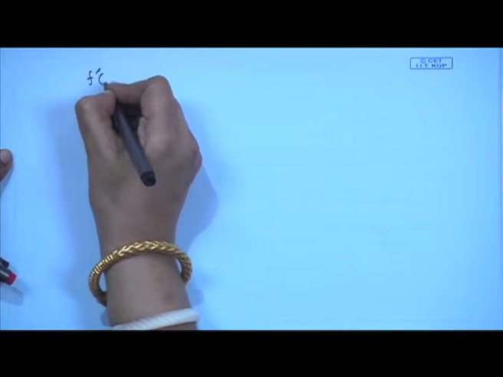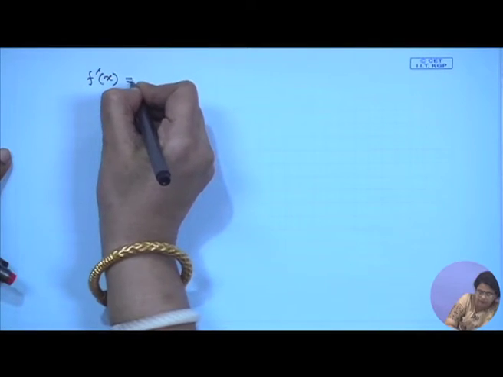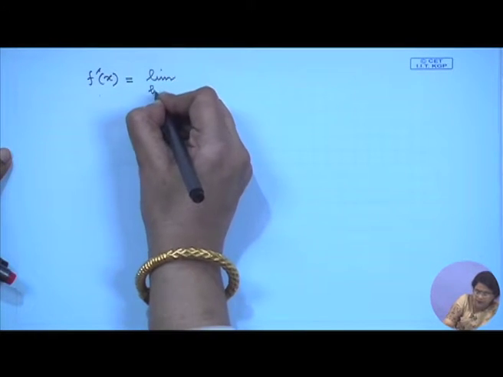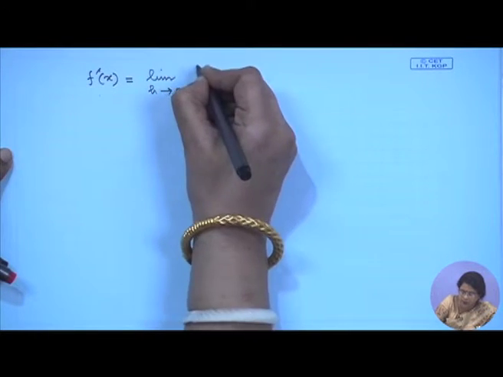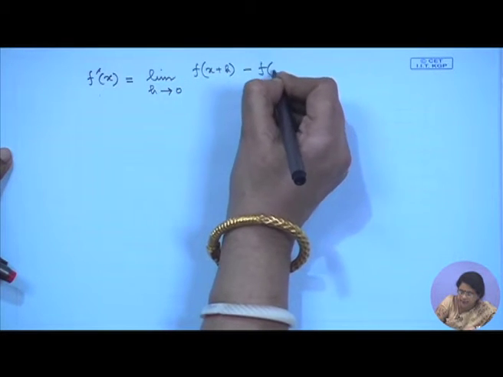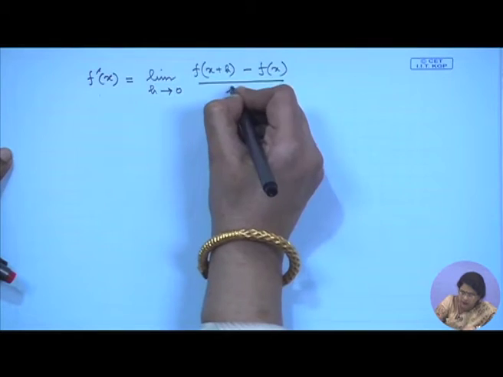Now we will go for the proof of it. For proving it, I am coming to the basic definition of the differential of a function f. Just now I was mentioning limit h tends to 0, f(x plus h) minus f(x) divided by h.